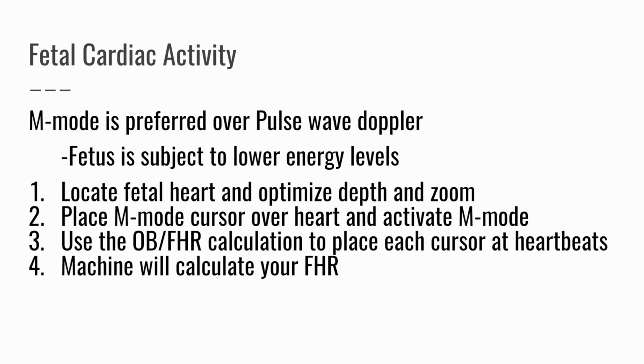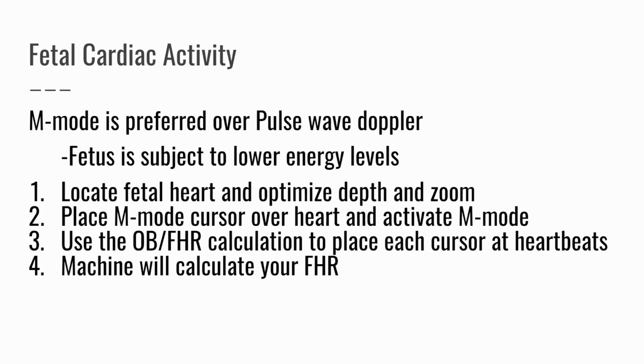So how you'll measure fetal cardiac activity, and we'll take a look at a couple of clips after this, but to go through the steps first: you'll locate the fetal heart, which should be a little beating thing within the fetal pole, and optimize your depth. If you can get a view where the fetus is more anterior, that's preferable. Reduce your depth as much as possible.